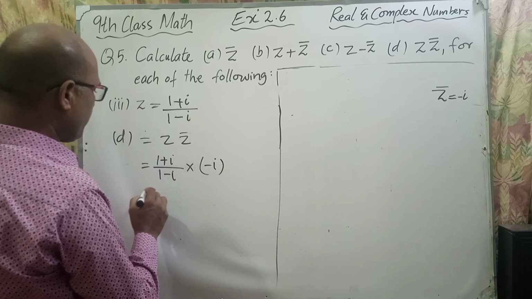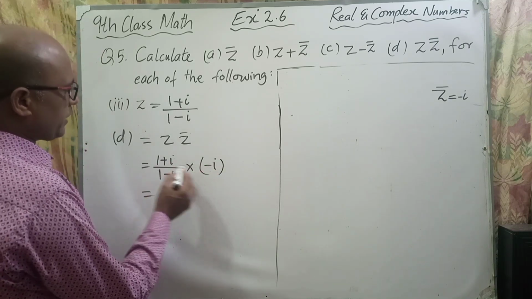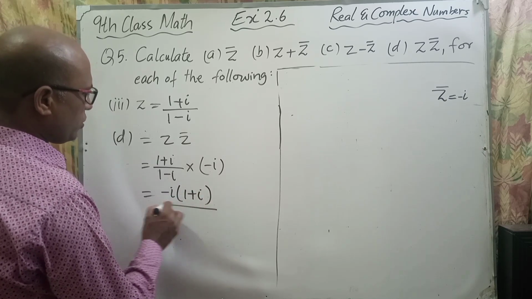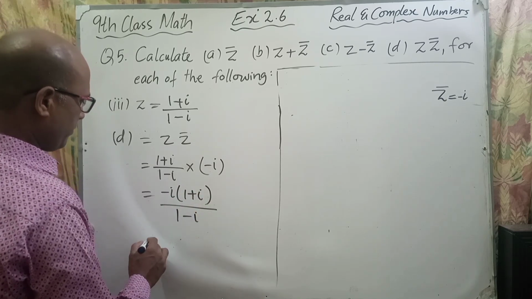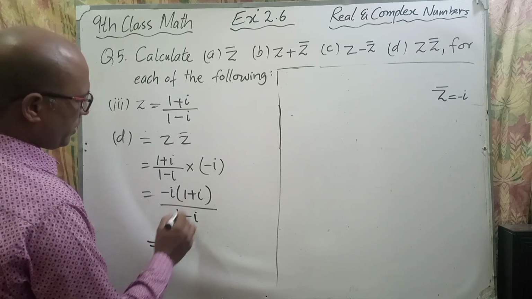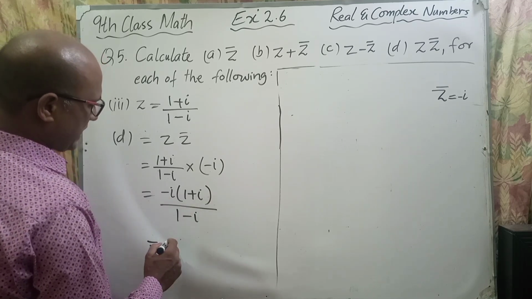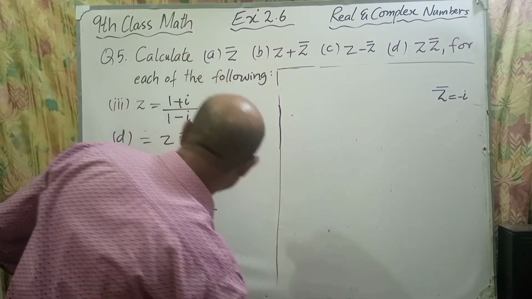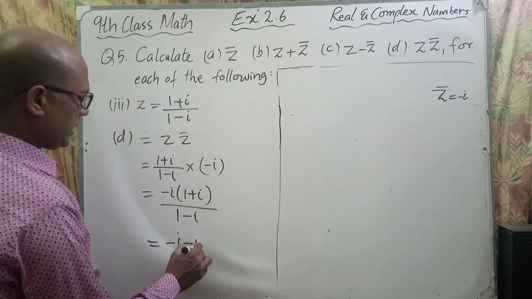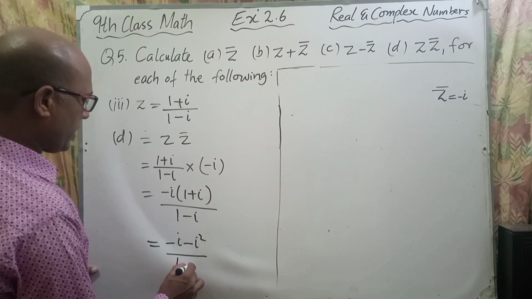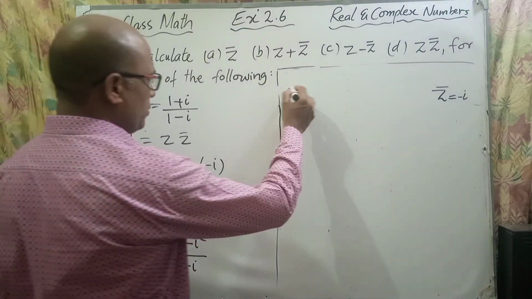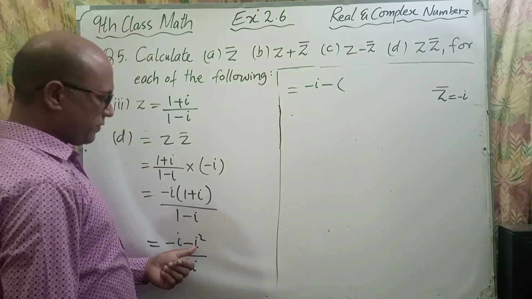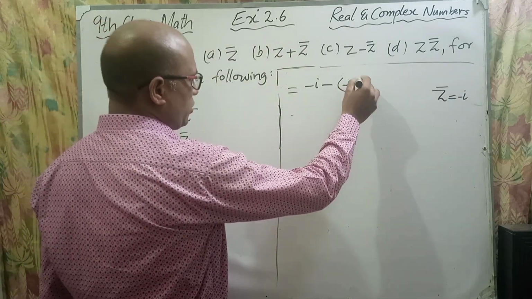This minus iota will be multiplied by the numerator: minus iota into 1 plus iota over 1 minus iota is equal to, iota will be multiplied by the terms inside the bracket, minus iota minus plus will get minus iota square over 1 minus iota. So students, minus iota minus, in place of iota square we'll write its value minus 1, over 1 minus iota.